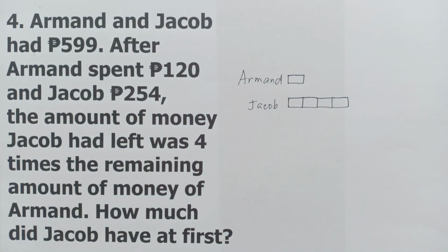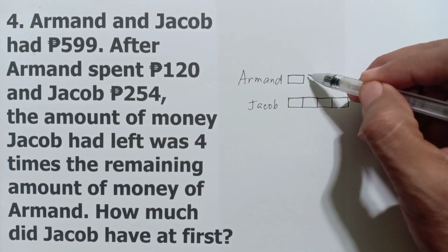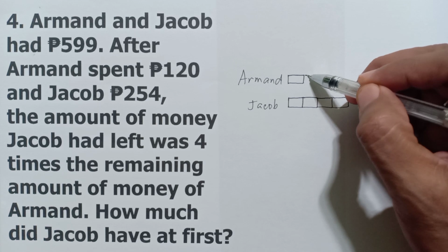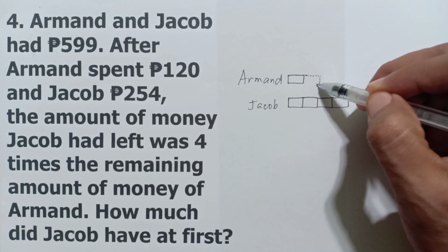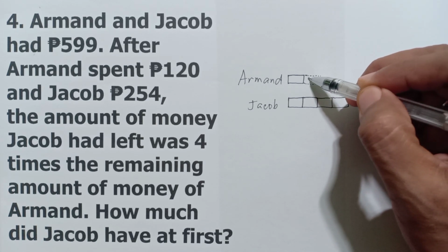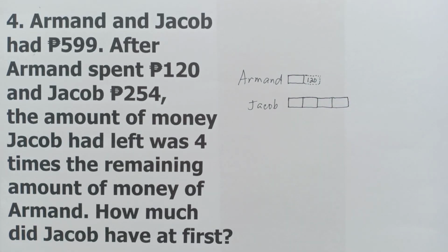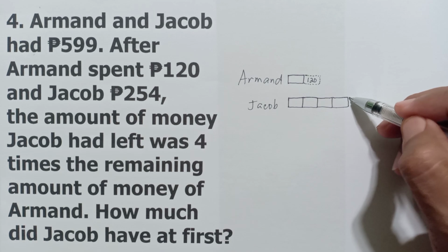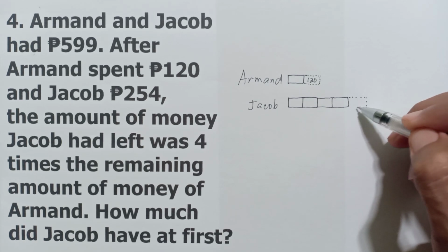Then let's go back to the money they spent. So let's add Armand spent 120. So let's put 120 here. Let's draw a dotted line to represent the money spent, 120. Then Jacob spent, let's add a dotted line again.